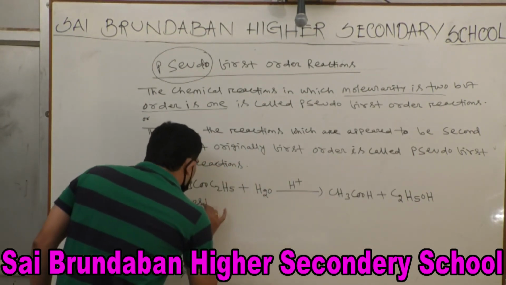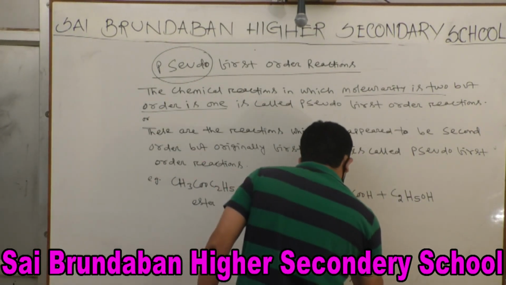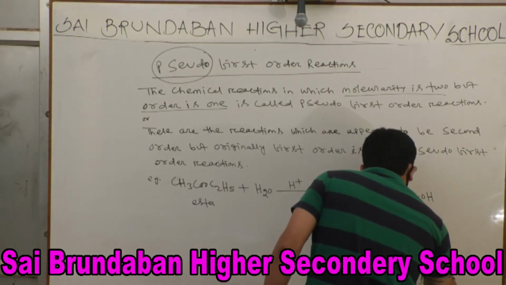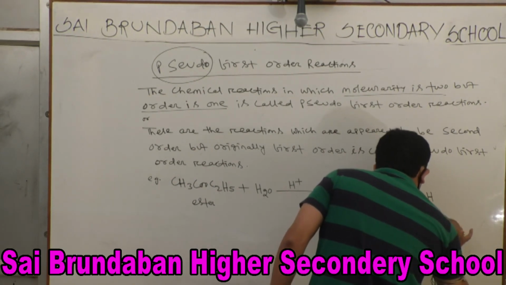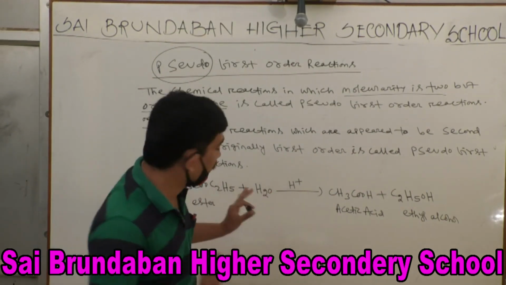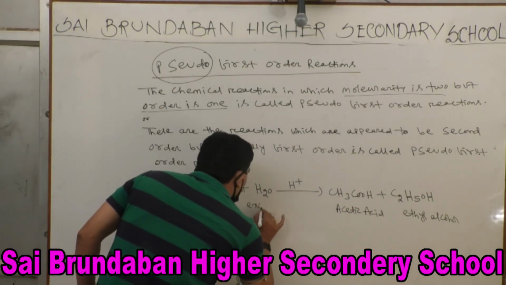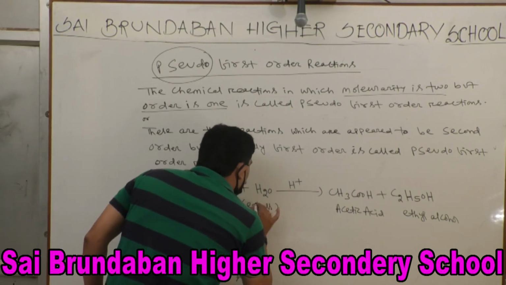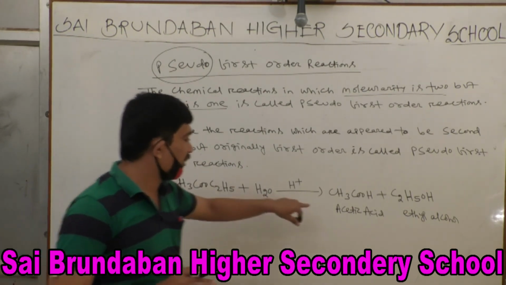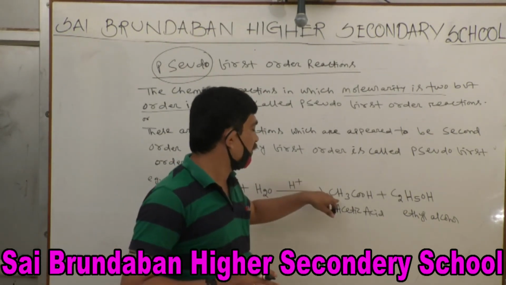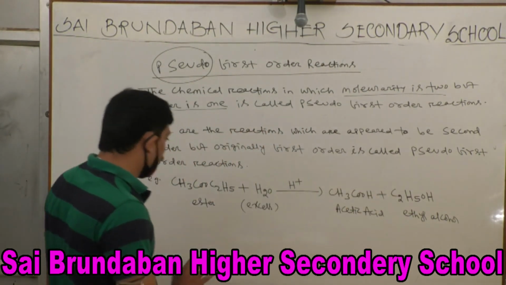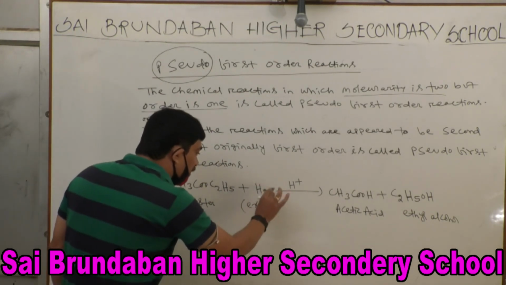This is the ester, this is acetic acid, that is ethyl alcohol. So here one thing: this water is taken in excess. Ester plus excess water, in presence of acidic medium, gives acetic acid plus ethyl alcohol. Then one thing is clear, look here, water is taken in excess.